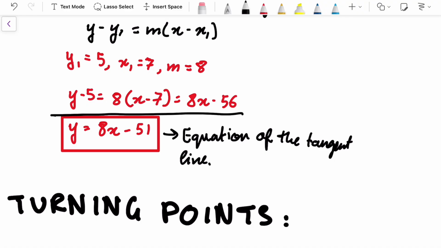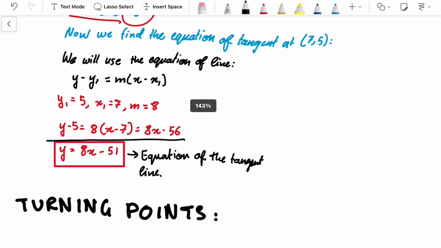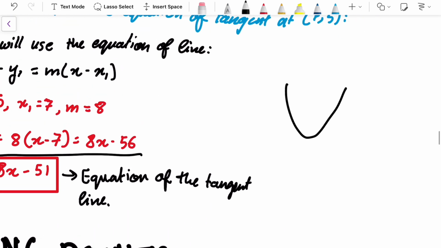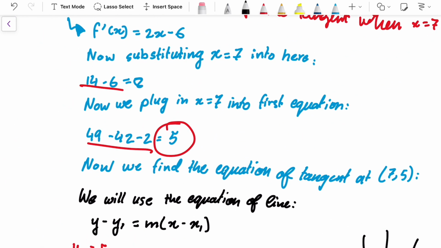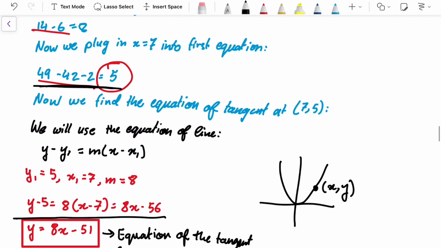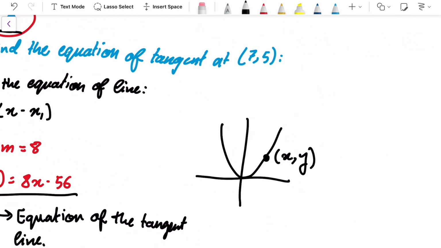Now let me tell you why this is. First what we did was find the x value over here. So we've got the x, and then we found the y value by plugging the x value into the initial equation that we were given, and we found the gradient.